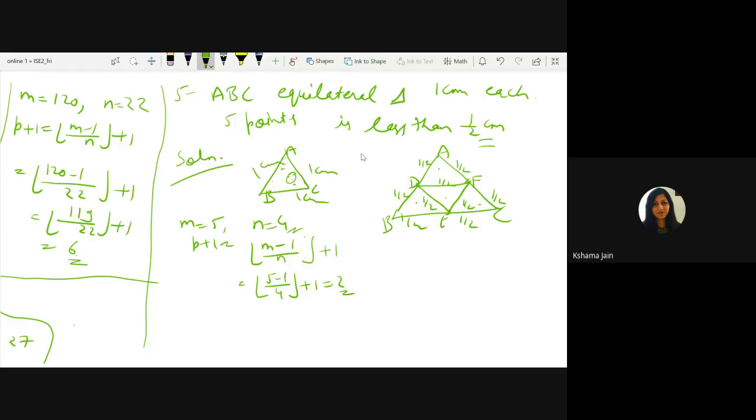Let we have an equilateral triangle ABC of length 1 centimeter each.